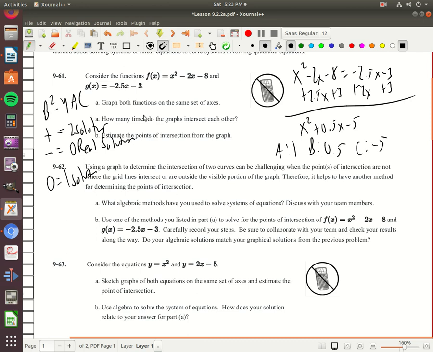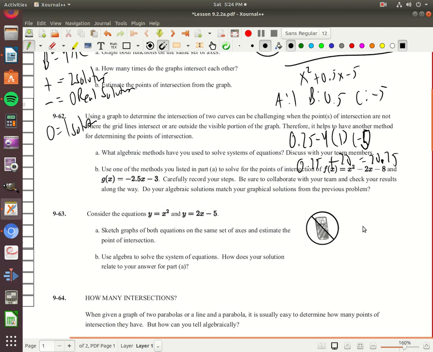If I go to this, b squared, 0.5 times 0.5 is 0.25 minus 4 times a times c. Again, I don't even care. Oh, that's supposed to be a negative 5. Sorry. I don't even care what the answer is here. I just care if it's positive, negative, or 0. So you can see I get 0.25. Negative times a positive is negative, times a negative is positive. Plus 20. So I get 20.25. It's irrelevant to me what the number is here. All I care about is it's positive. I should have two solutions here, and I do.